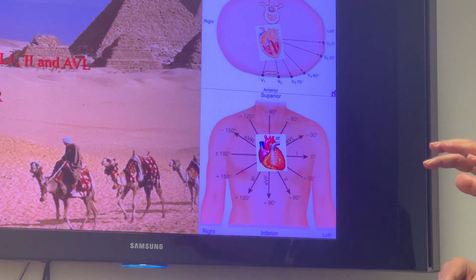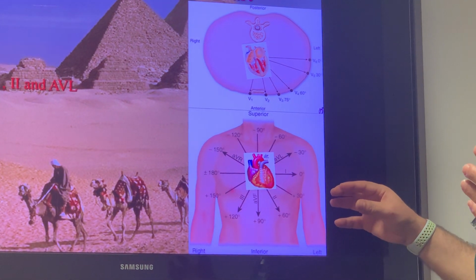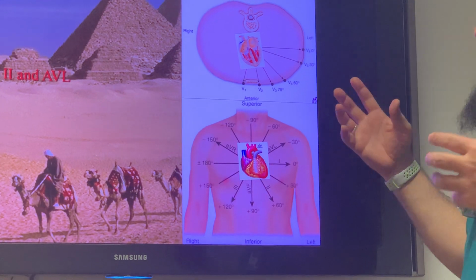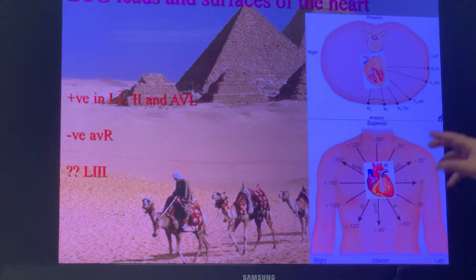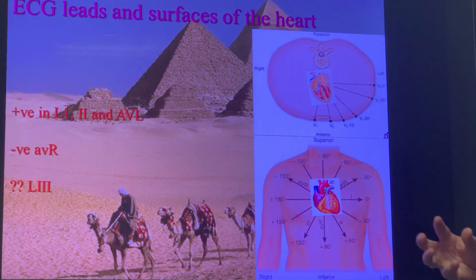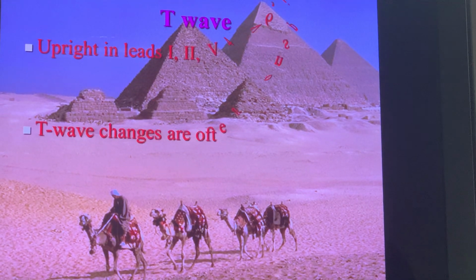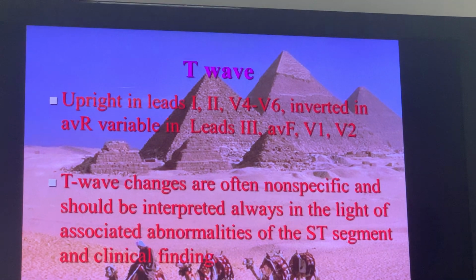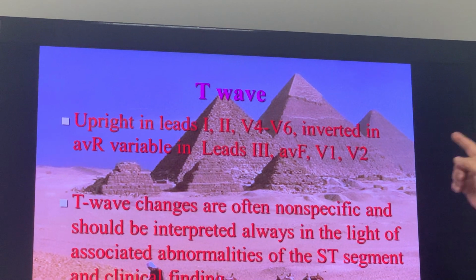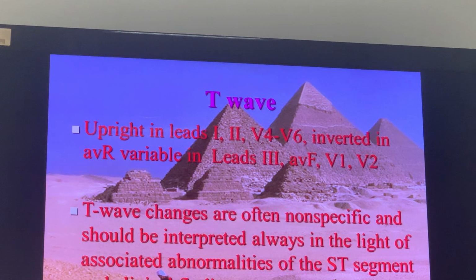Is that okay? It applies for all parts of the wave: how it comes, how I expect it, positive or negative, depends on the lead and how the lead looks at the heart, from which direction. Is that okay? So simple again, it is upright in lead 1, 2, V4 to V6, as I told you earlier. Inverted in aVR, variable in lead 3, aVF, V1 and V2.